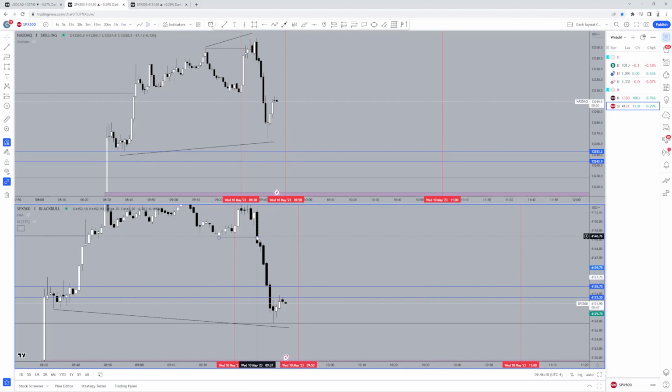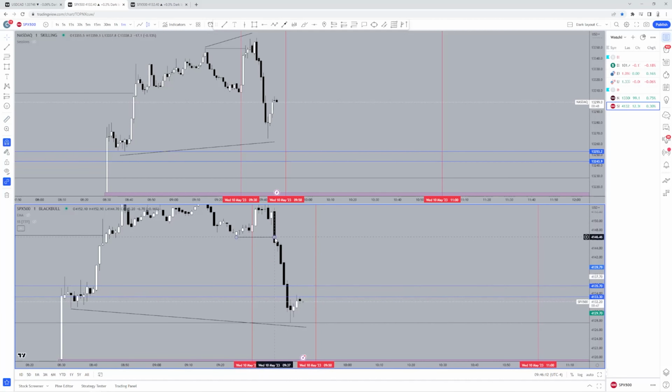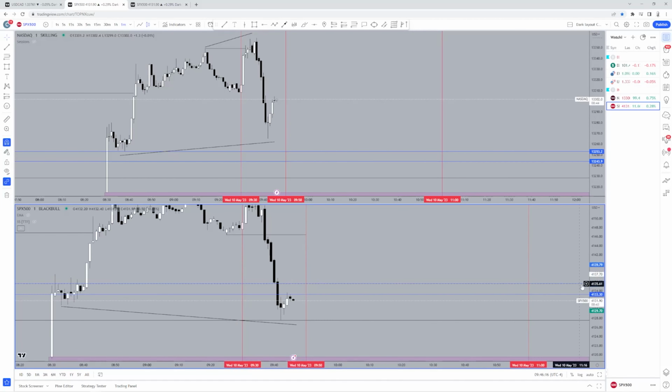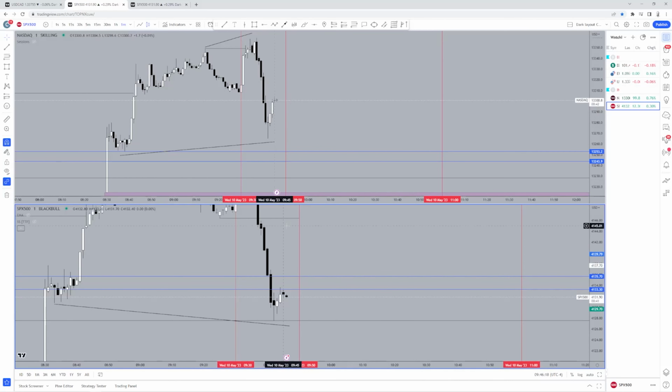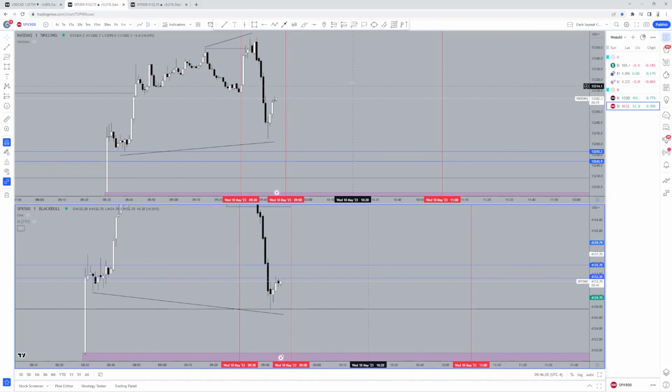Longs are possible, by the way, until those breaker blocks, one of those being right here. Not yet, but they are possible. Here we are almost tapping onto the breaker block, which is this whole area though, so price might retrace deeply inside it.